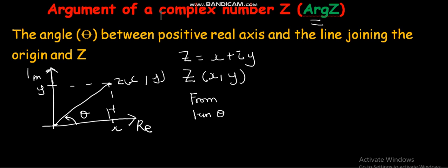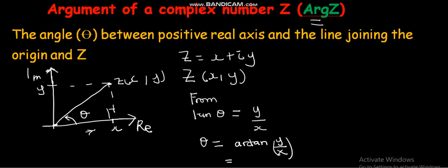So tan of theta is equal to the opposite out of the adjacent, and therefore the argument is going to be equal to arctan of y out of x, which is the same as the tan inverse of y out of x.